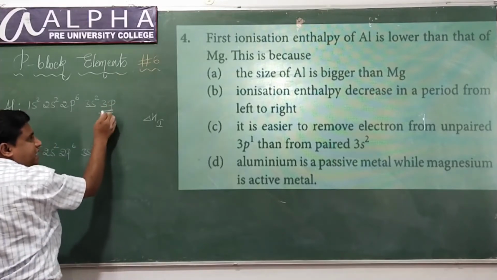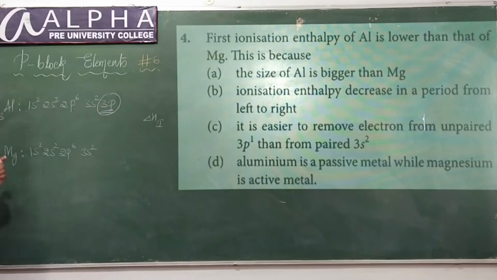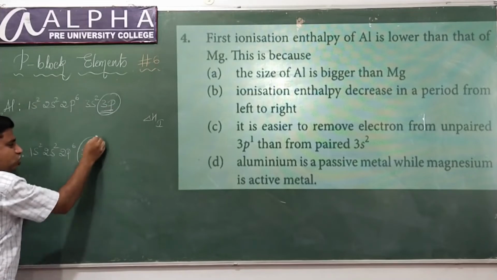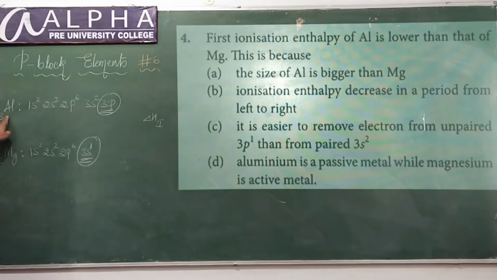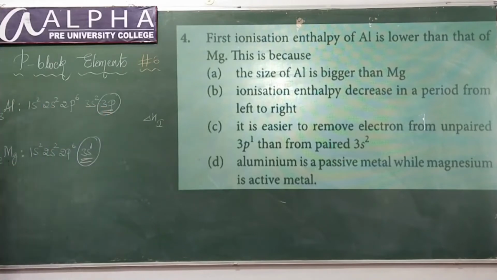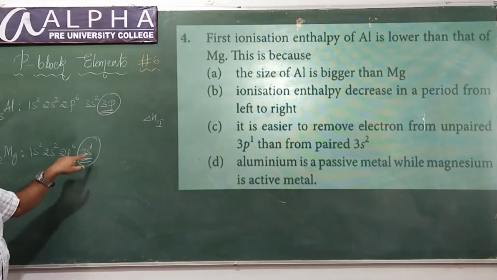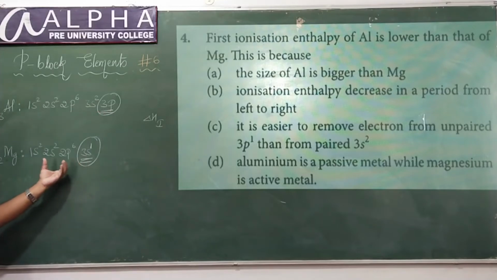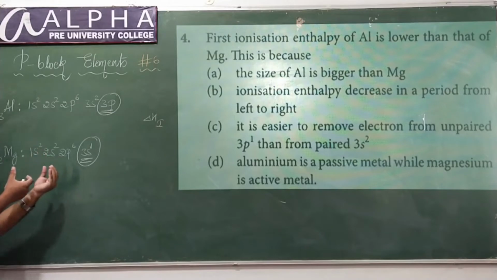I have to remove the last electron from the 3p orbital, whereas in magnesium the last electron has to be removed from the s orbital. We know the 3s orbital will be near to the nucleus. Since the 3s orbital is near to the nucleus, effective nuclear charge will be more, hence the 3s electron will be tightly held to the nucleus, isn't it?